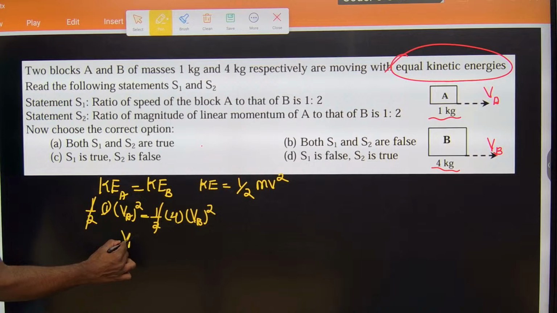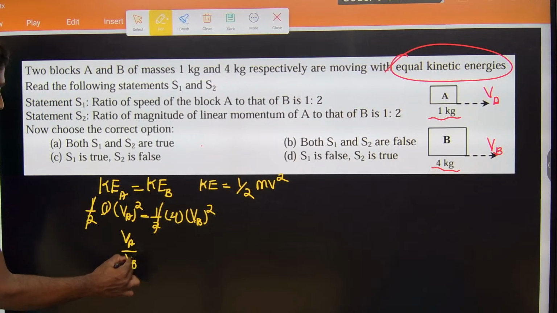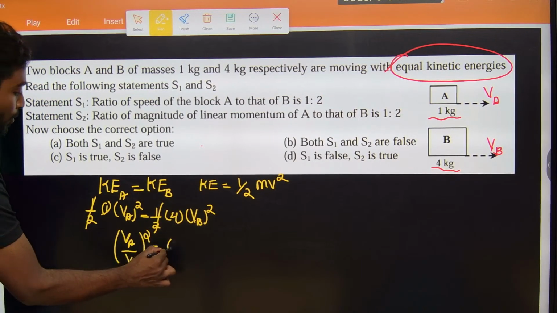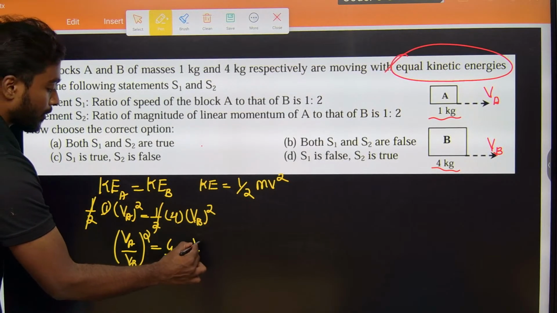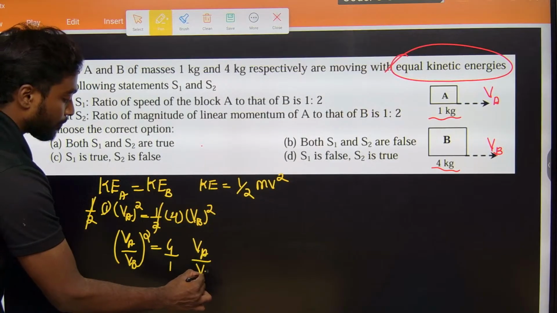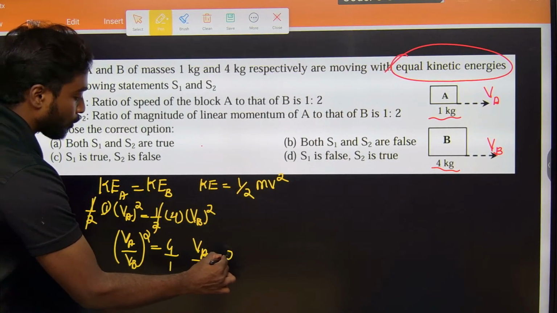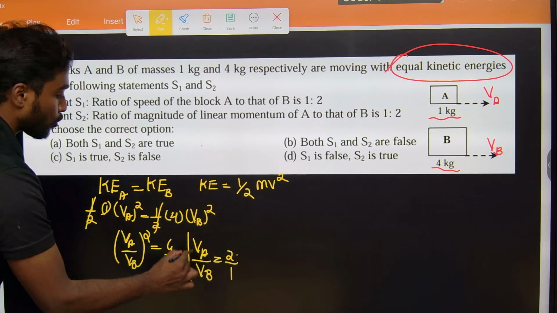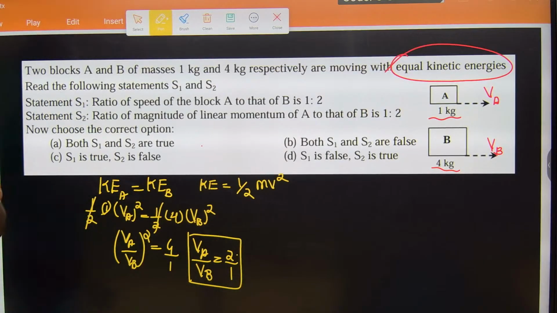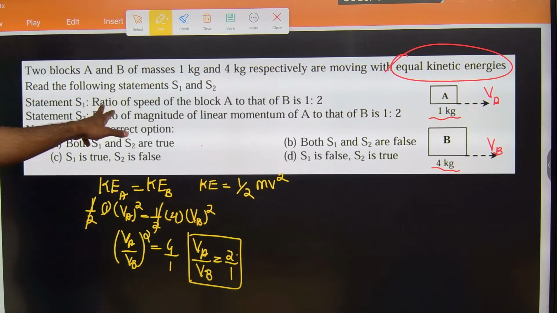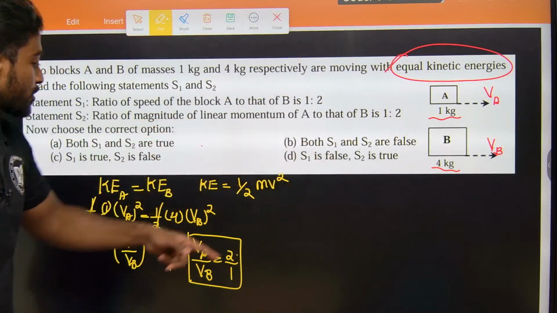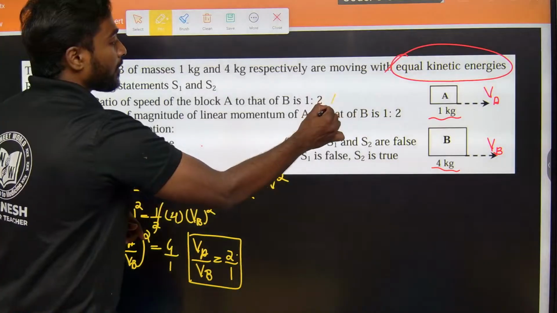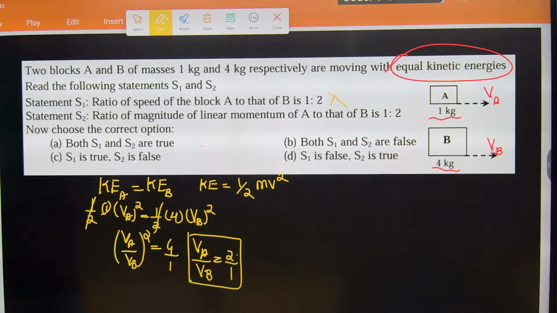So (VA by VB) the whole square equals 4/1. So VA by VB is 2/1, that is 2:1. The ratio they have given is 1:2 for the speed of block A to B. So statement 1 is false.